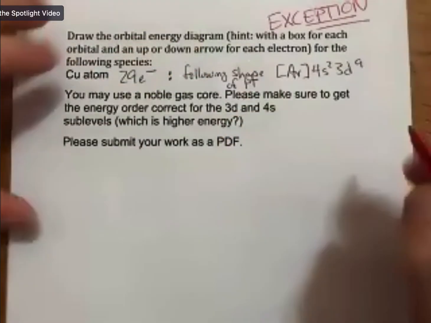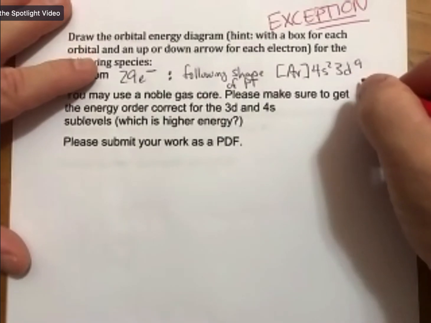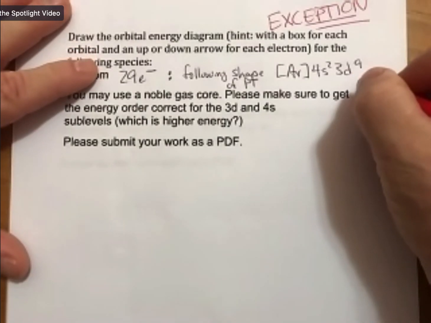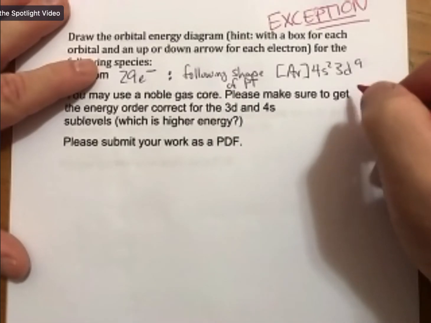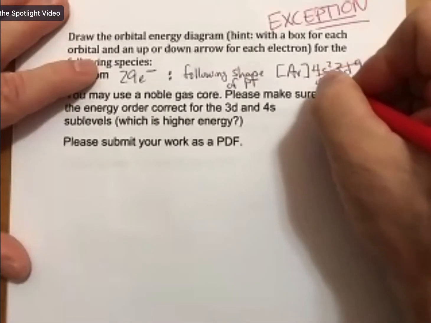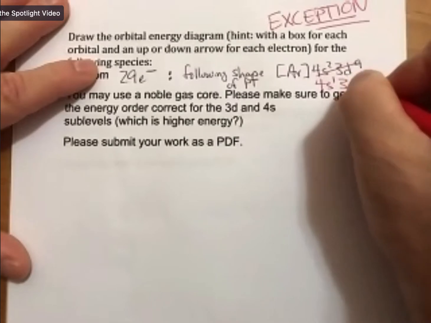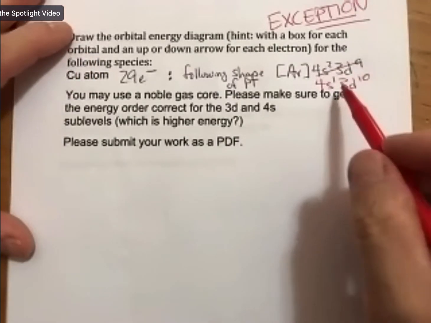Copper is one of them. Basically, the 3d fills first and then the 4s. That's right. So the answer is not 4s2 3d9, it's 4s1 3d10. Yeah, thank you, Selden.